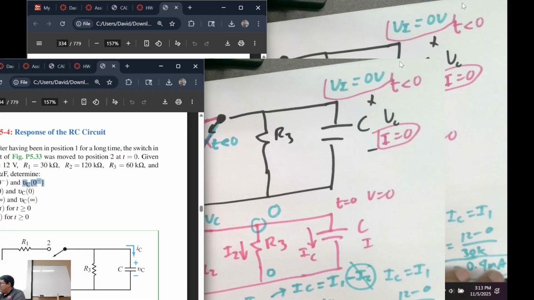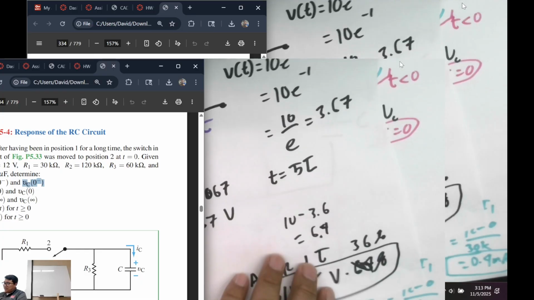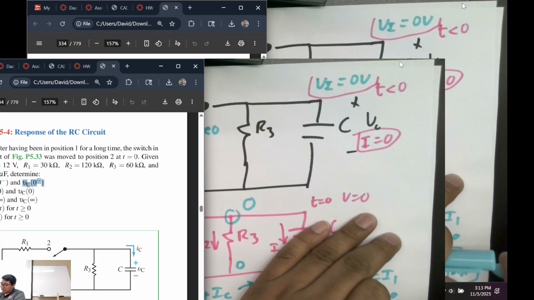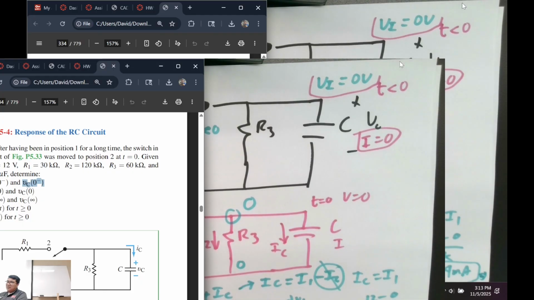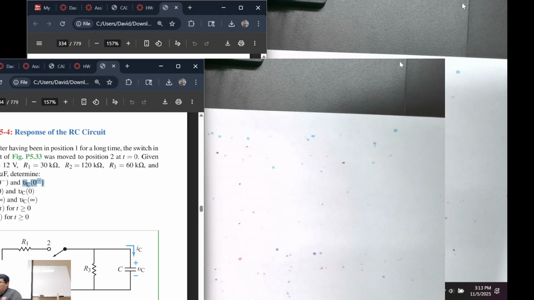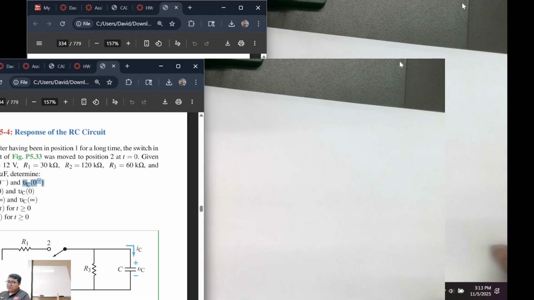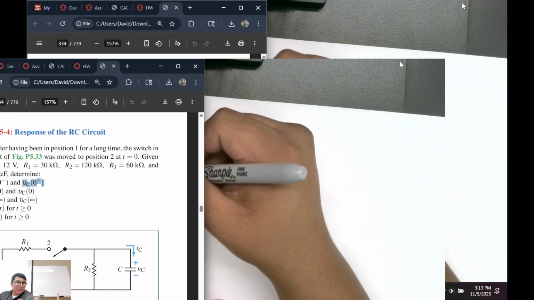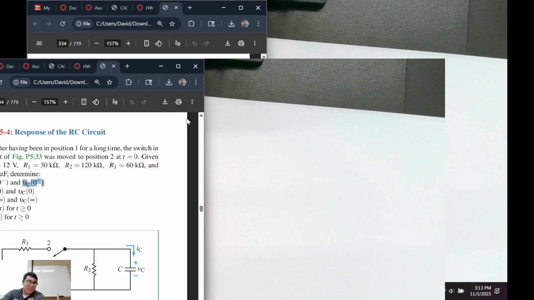So what page was this? Let me see. So this was page 4. Page 5. Page 6. So let's see. Now I want us to figure out, why is there a star over here?